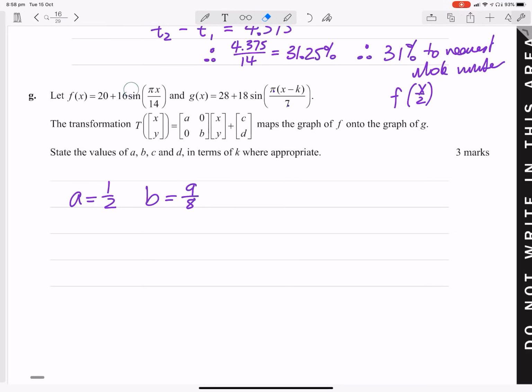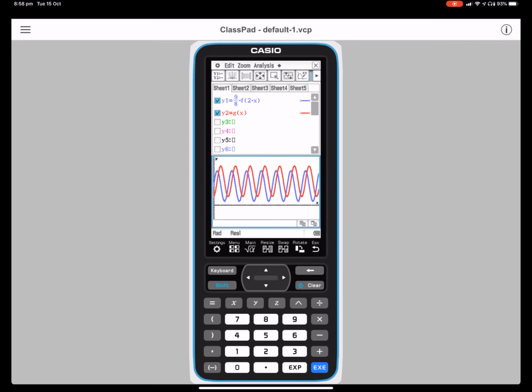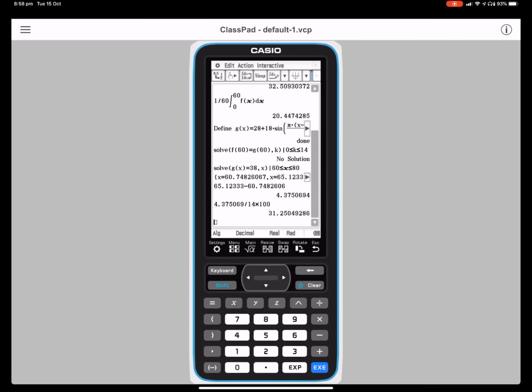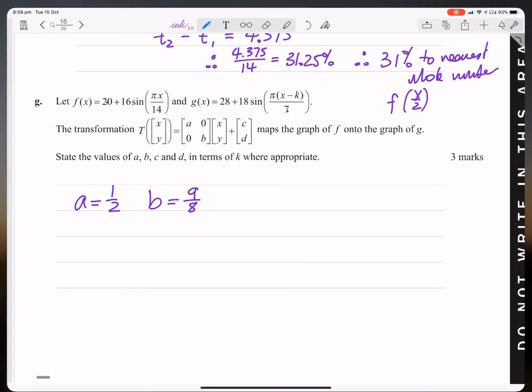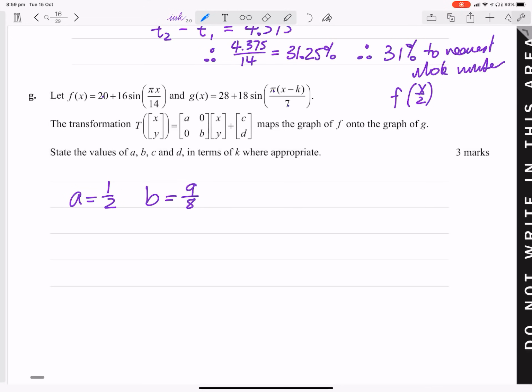Okay, next we have, we've times that by 9 on 8, so 20 times 9, because we dilate first, 20 times 9 is 180. So 20 times 9 divided by 8. So it's 22.5. So we've got to move it down 4.5.